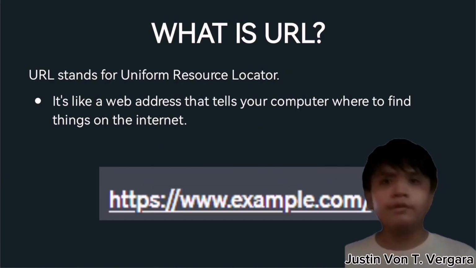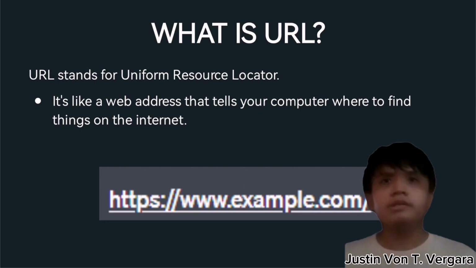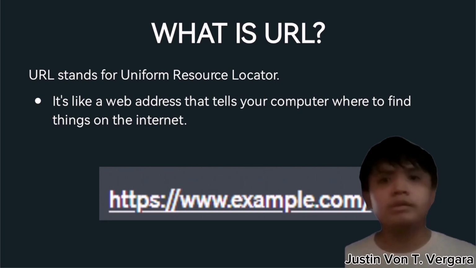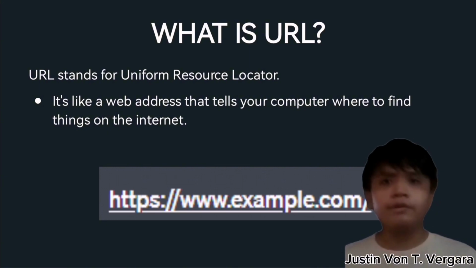Next, we'll talk about a URL, also known as Uniform Resource Locator. It is like an address for a specific page or resource on the internet. It's what you type into your web browser's address bar to find a particular website or web page. For example, you type https, that is the protocol, colon, slash slash, www.facebook.com/page.